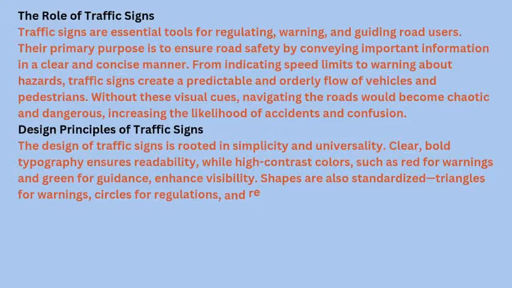Height, angle, and distance from the roadway are carefully calculated to ensure optimal visibility without obstructing other traffic elements. Proper placement is critical for maximizing the effectiveness of traffic signs.